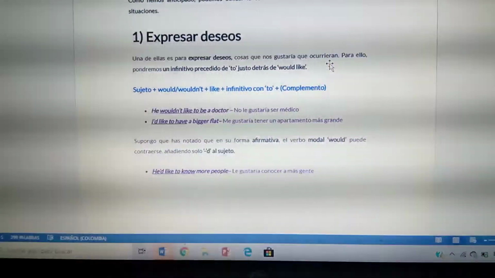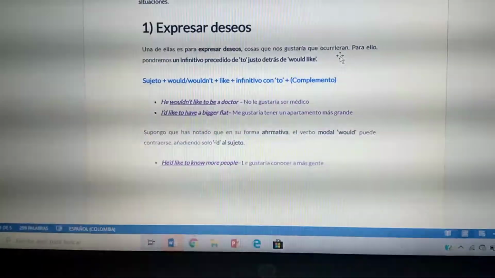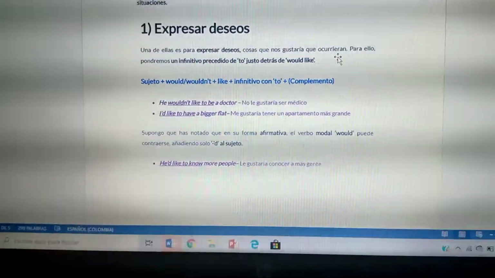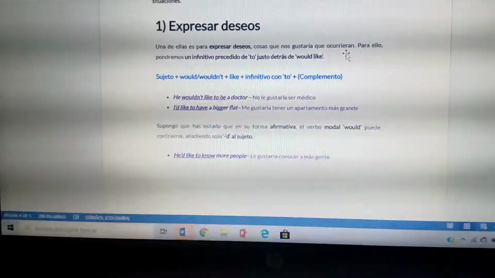I suppose you have noticed that in its affirmative form, the modal verb would can contract, adding only 'd to the subject. For example, he'd like to know more people.